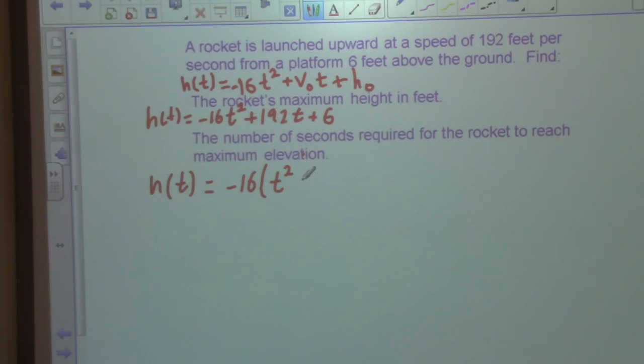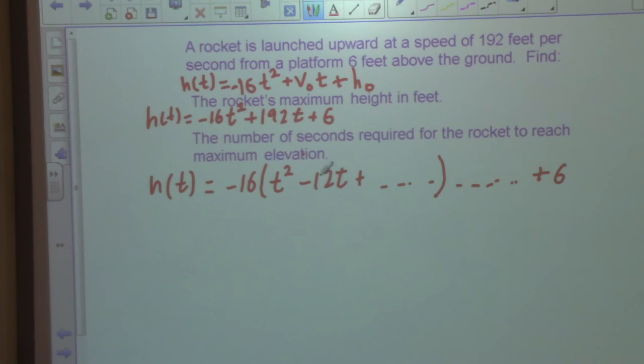Okay, 12. So that's going to be minus 12t, right? Plus something here, and then something outside here, and then plus 6.